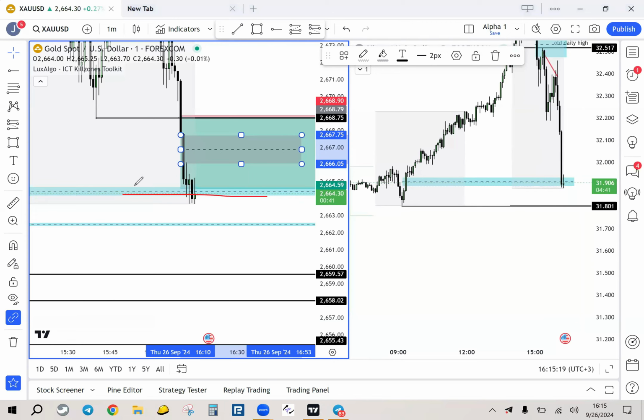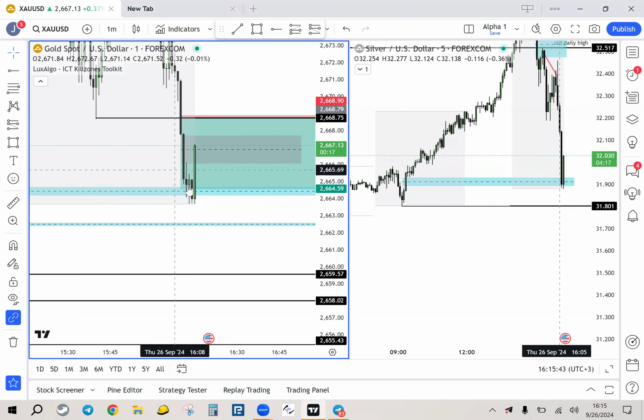We're in a 1 hour fair value gap, and you would see price reject and think that a 1 minute fair value gap is going to stop it. Like, it's like thinking that a 1 minute fair value gap is going to be stronger than a 1 hour fair value gap that it's rejecting from. So honestly, I would not want gold to go in here, because chances are this fair value gap is really not going to hold.